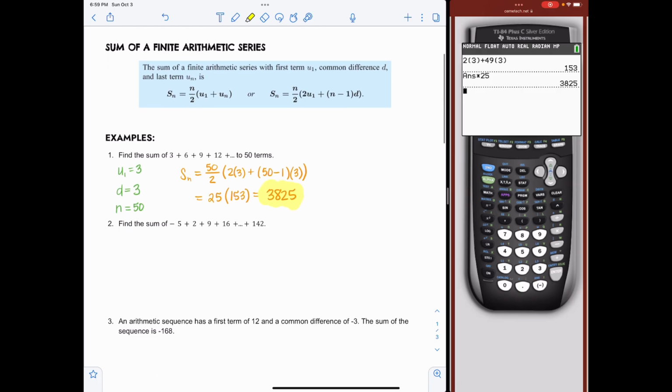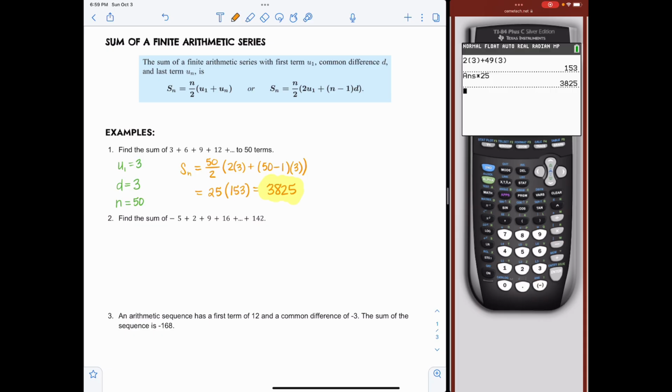Number 2 states that they want us to find the sum of -5 plus 2 plus 9 plus 16 plus continuing up until 142. So here they gave us the U1, which is -5.